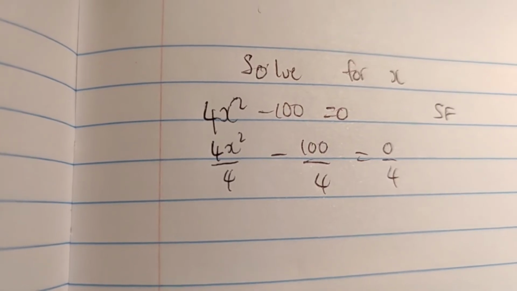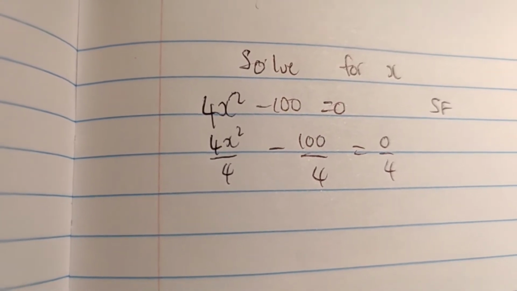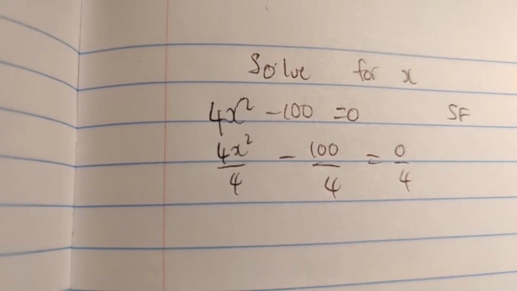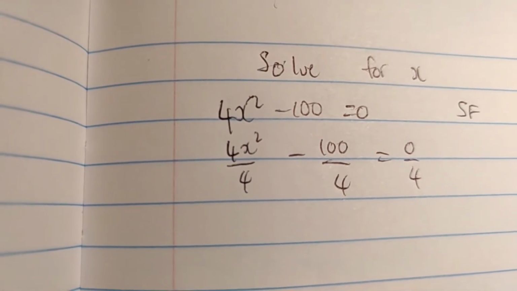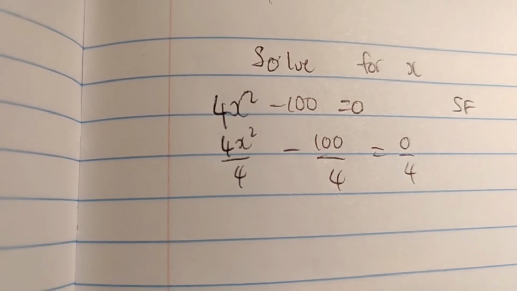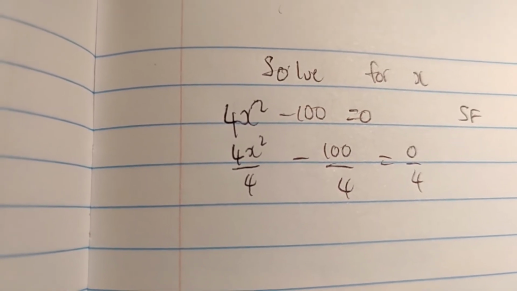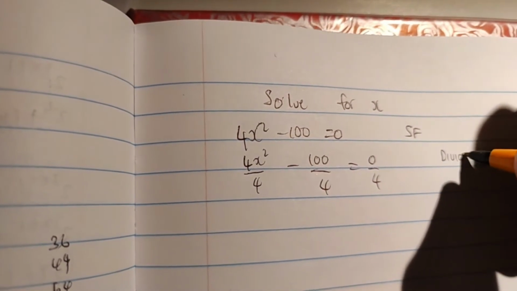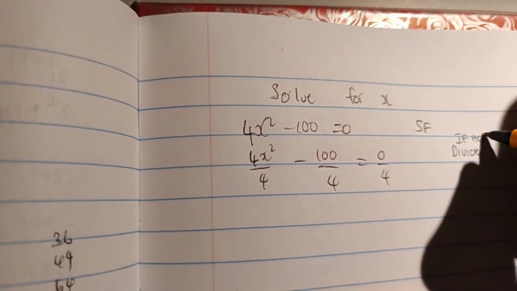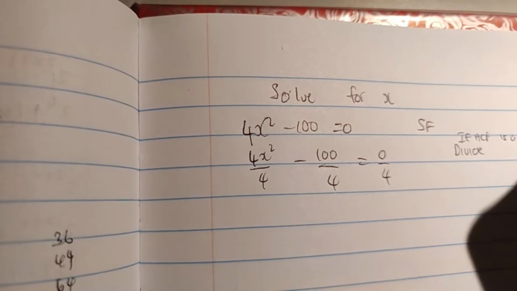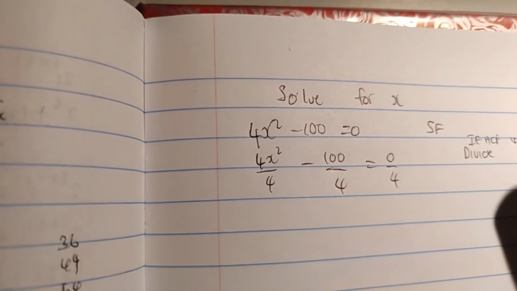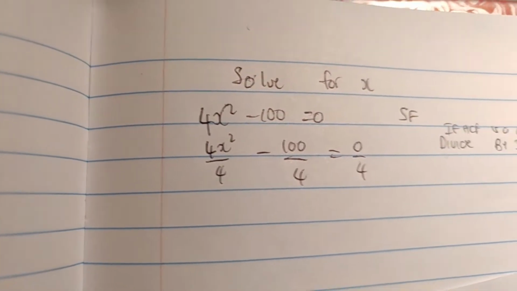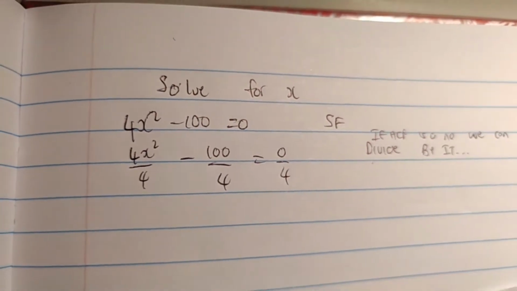If the highest common factor is not a number, we take out the highest common factor, because the number and the variable will lead to a specific answer by actually taking out the common factor as a number and a variable. So when it is a number, if the HCF is a number, we can in essence divide by it, right? We can divide by that number. So that's what we are doing here.